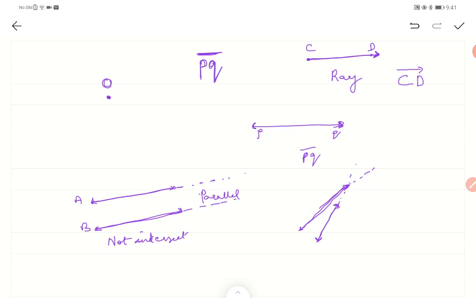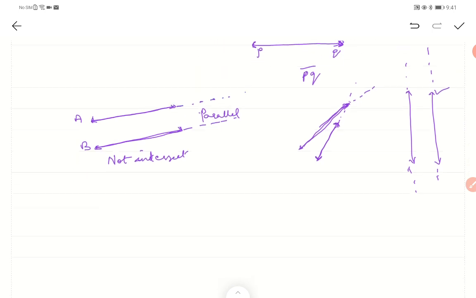If I take a pair of lines like this, tell me, are these two lines parallel? Yes, because when you extend them, they will not meet at any point. These are also a pair of parallel lines. Now tell me, what about this?